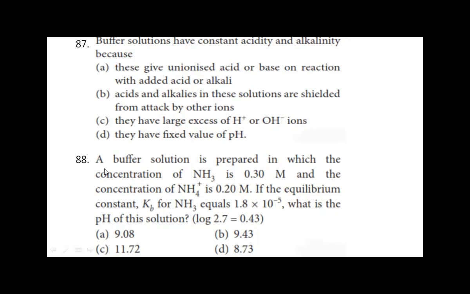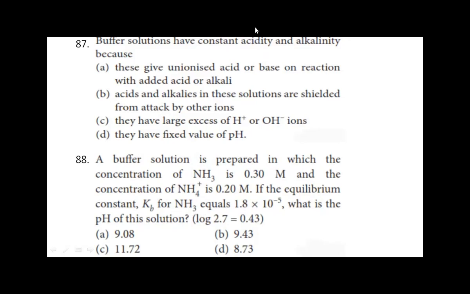Next question. A buffer solution is prepared in which the concentration of ammonia NH3 is 0.30 molarity and the concentration of NH4 plus is 0.20 molarity. If the equilibrium constant Kb for NH3 equals 1.8 into 10 raised to minus 5, what is the pH of the solution?